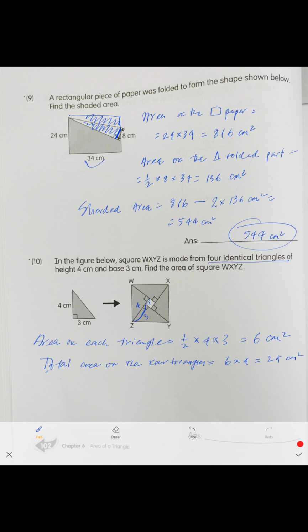This is 1, okay? So it is a little square with the side of 1. So the area of the unshaded part is basically 4 minus 3 times 4 minus 3, right? So 1 by 1 square centimeters, very tiny square, right?